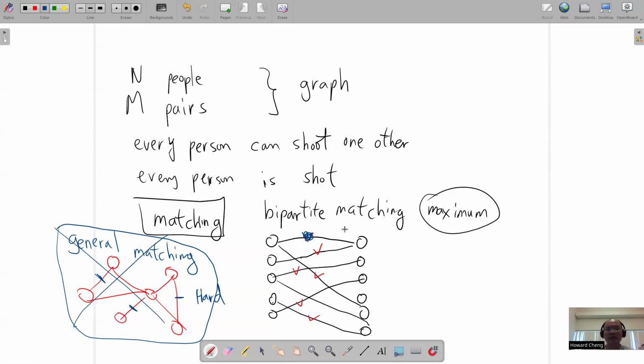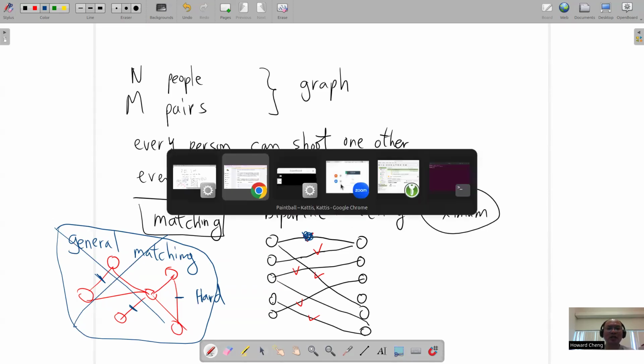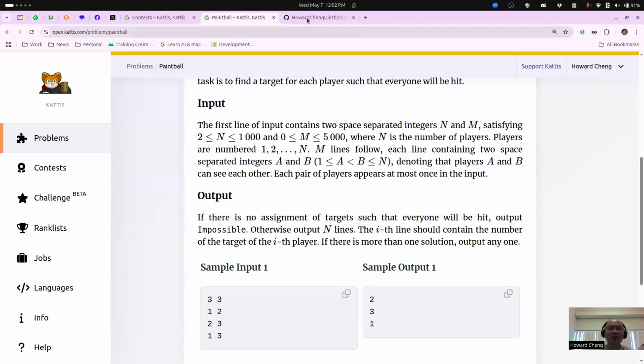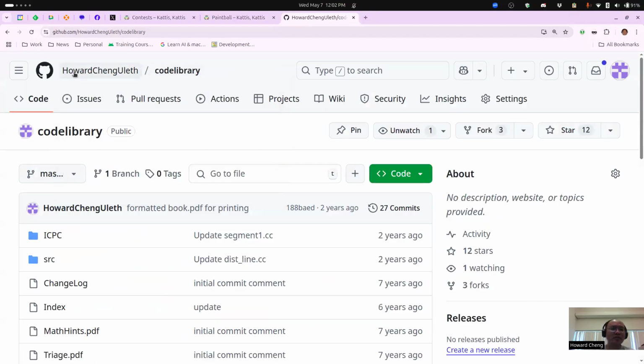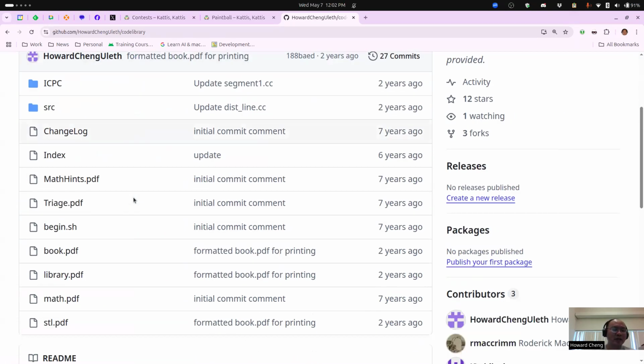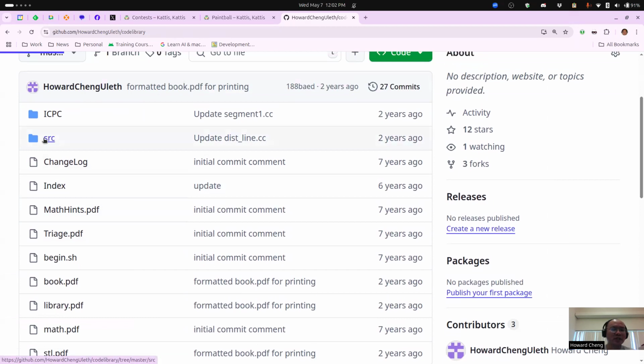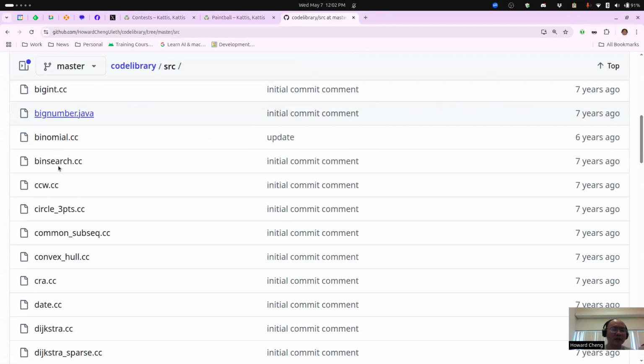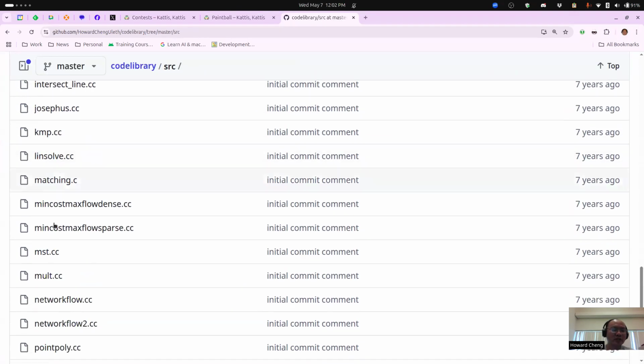Bipartite matching, if you've never seen this before, I guess it's still going to be hard. You can look up algorithms and so on, but I'll just say that in the code library, if you go to my GitHub repository, code library, you can go to source and something called matching.